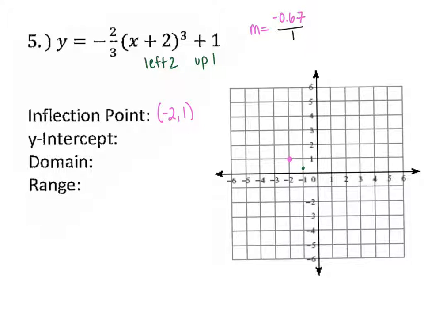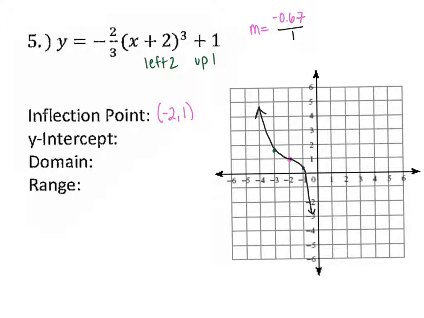And then if I want to do the opposite direction, that means I have to go up from the inflection point 2/3 and then over 1. So that's like up 0.67 and then over 1. So that's about right here. And then connect my dots, so it looks like it's going up first and then down.